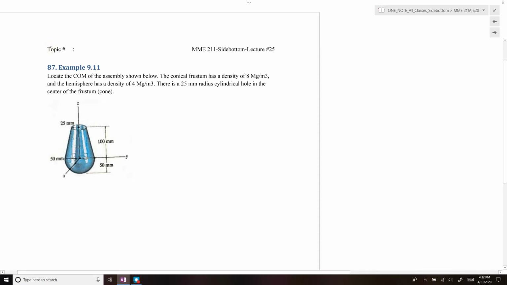In this example problem, we are asked to determine the center of mass of the assembly below.